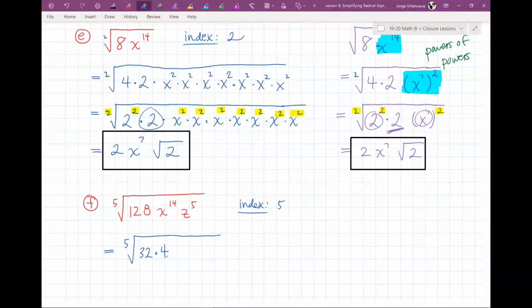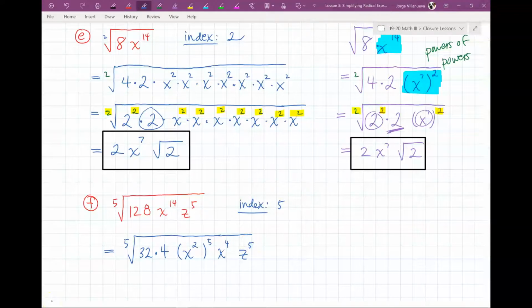Now, x to the 14th, I can write that as x squared to the 5th power, that's x to the 10th, and then times x to the 4th. So I have x to the 4th right there. And then after that, I just write z to the 5th because that already has a 5th power.